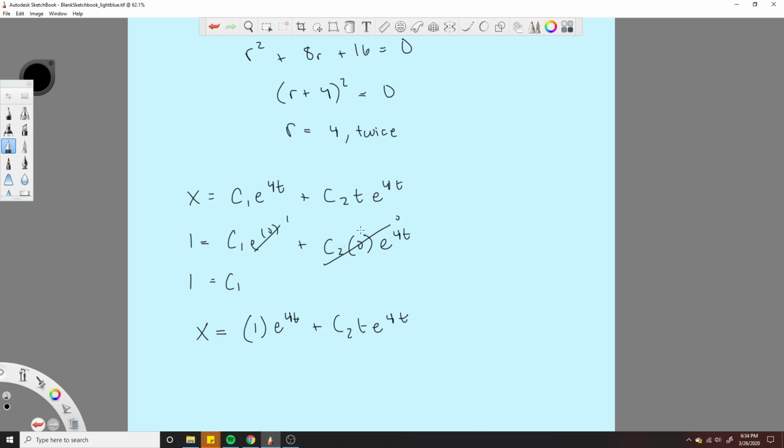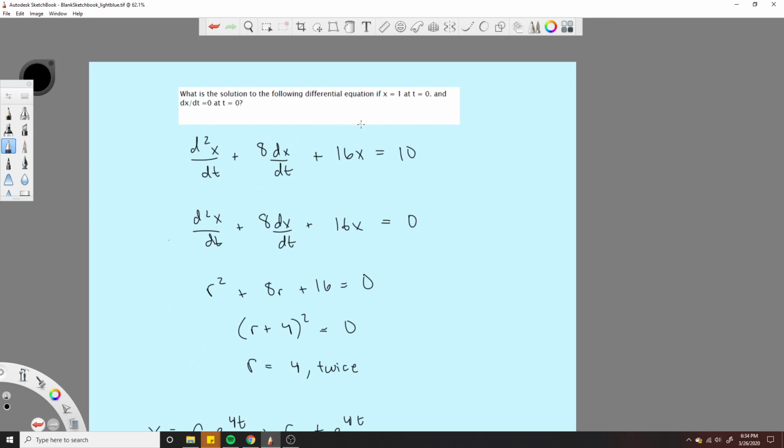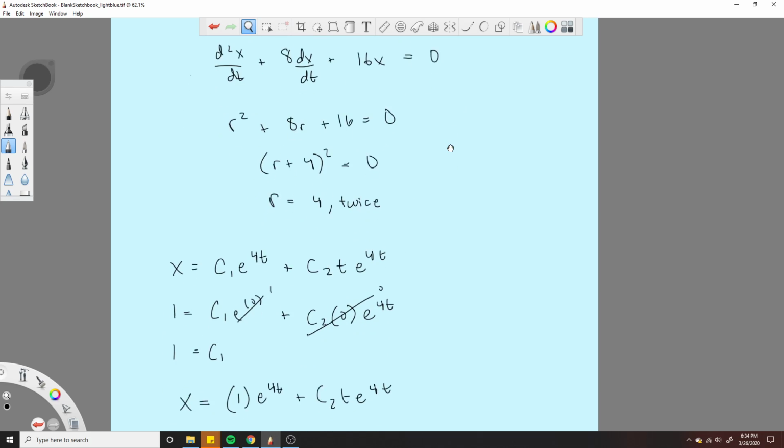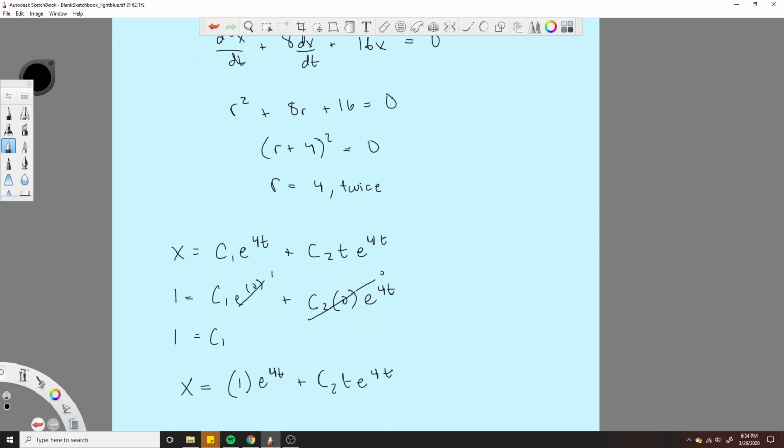So unless we have values for x and t, let's see. Well, dx/dt equals 0 at t equals 0. Okay, well, we can do that because we already did this one. This isn't going to help us with finding c2 because c2 will get eliminated in that instance. You see what I'm saying?